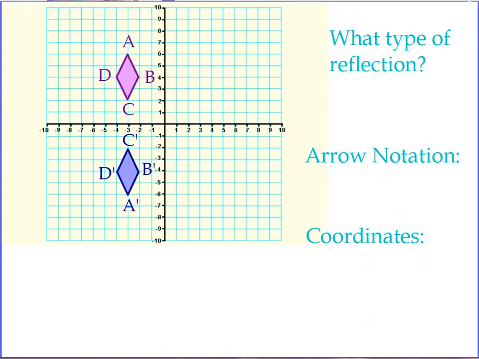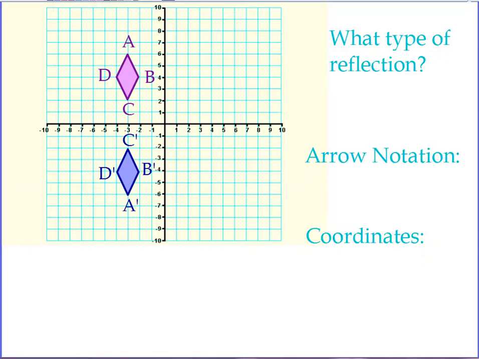Now let's take a look at a different type of reflection. Notice which object is our pre-image and which object is our image. Remember, when we talk about what type of reflection we're talking about, we want to know what line the object was reflected across.